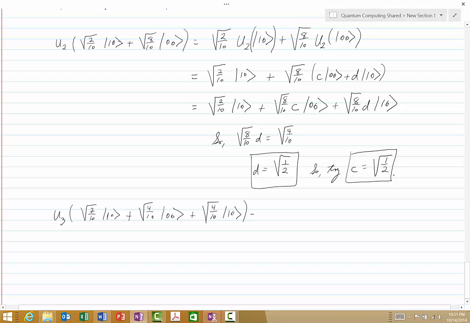Well, what will that be? That will be square root of 2/10 times u3 of 1 0 plus square root of 4/10 u3 of 0 0 plus square root of 4/10 u3 of 1 0.